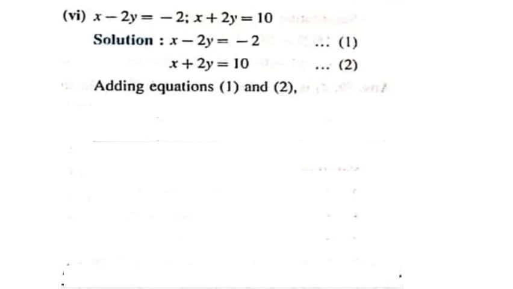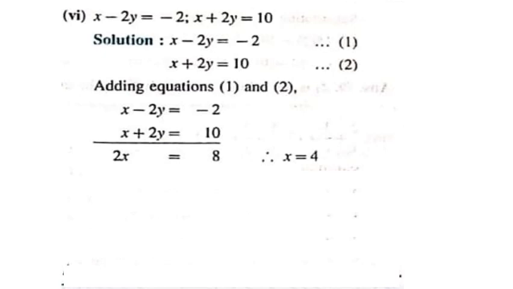Adding equation 1 and 2. X minus 2y is equal to minus 2 is equation 1. X plus 2y is equal to 10 is equation 2. Plus x plus x is 2x. Minus 2y plus 2y gets cancelled. Now minus 2 plus 10 will be plus 8.